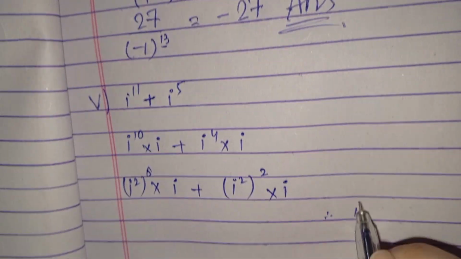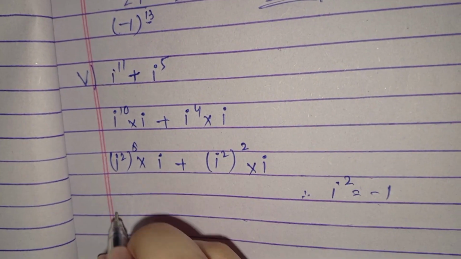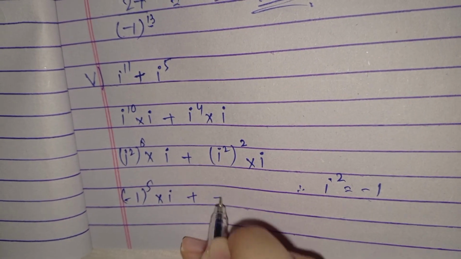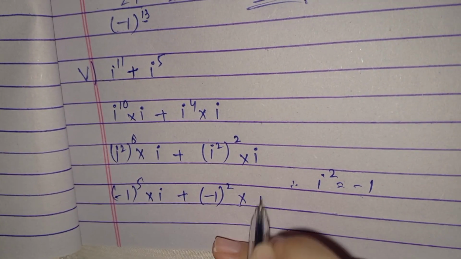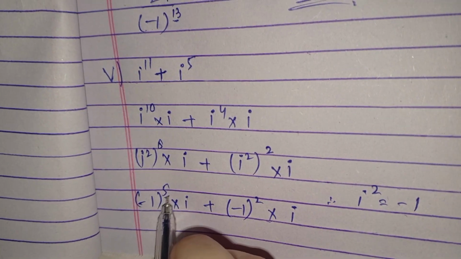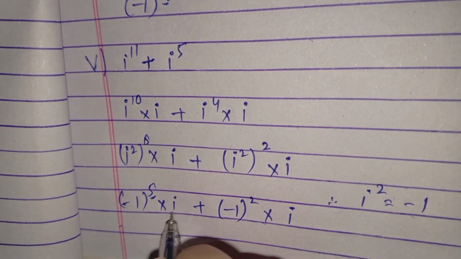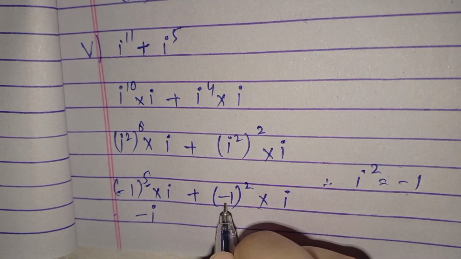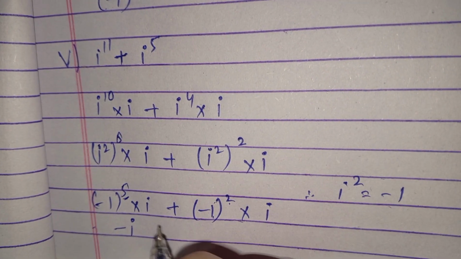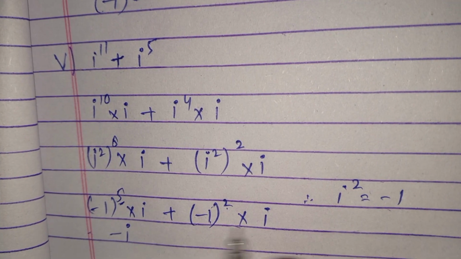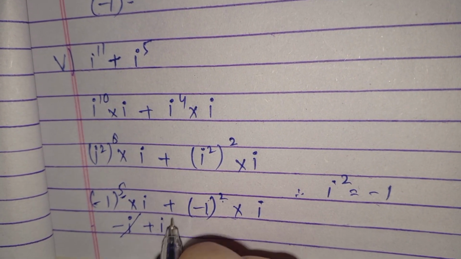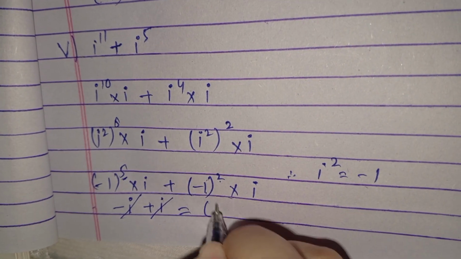As we know that iota square is equal to minus 1, so (-1) power 5 cross iota plus (-1) power 2 cross iota. We have an odd power, so -1 multiplied by iota is minus iota, and we have an even power here, so it will be plus 1, and plus 1 multiplied by iota is plus iota. So minus iota plus iota will cancel out, so the answer is 0.